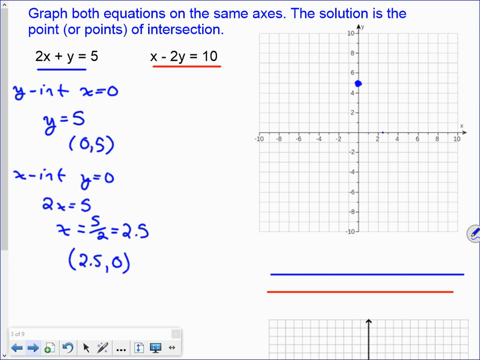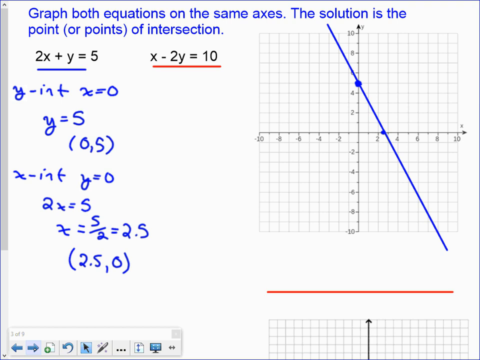It's going to be right there. So we'll take our line here, and we will just join these two points together, and then extend this so it goes to the edges of the graph like that. Okay. And there's our first line.